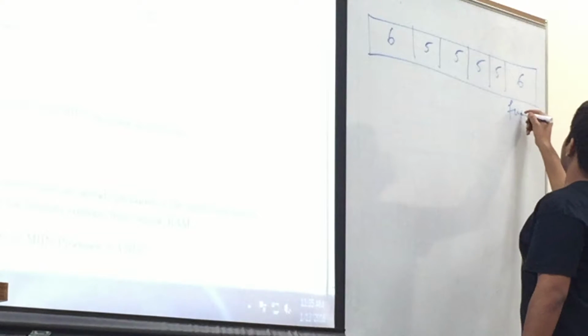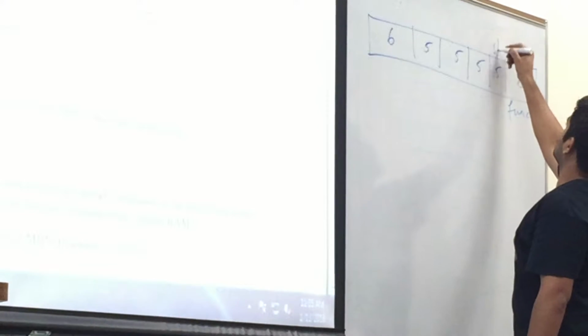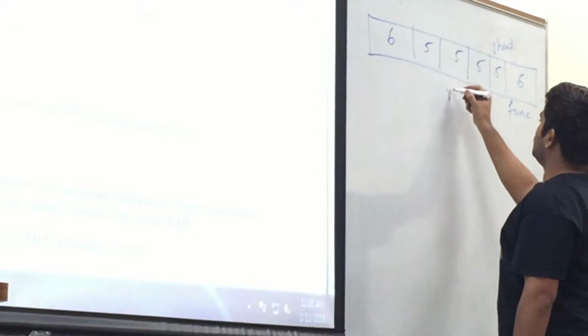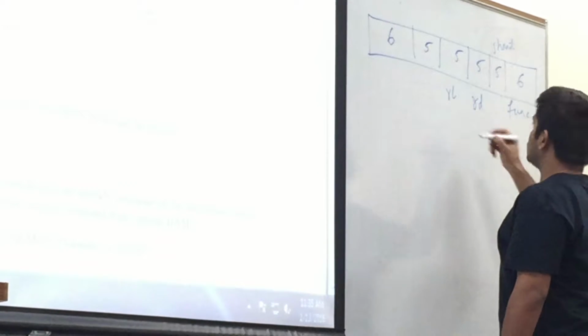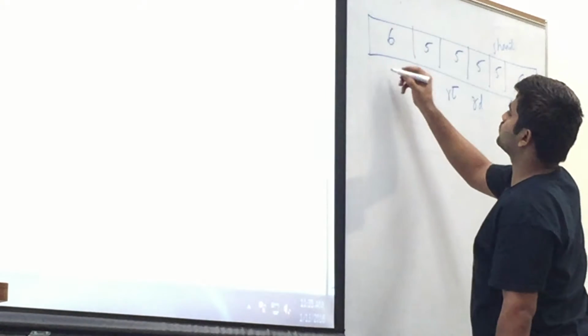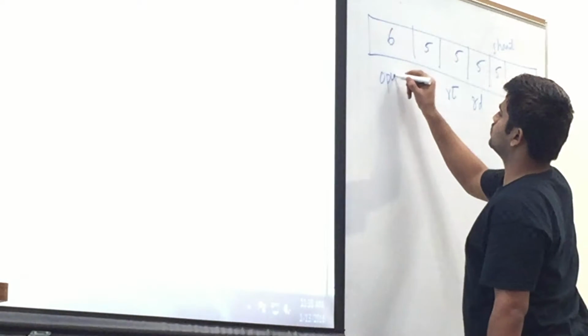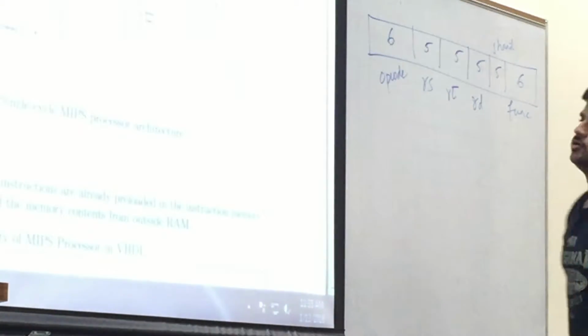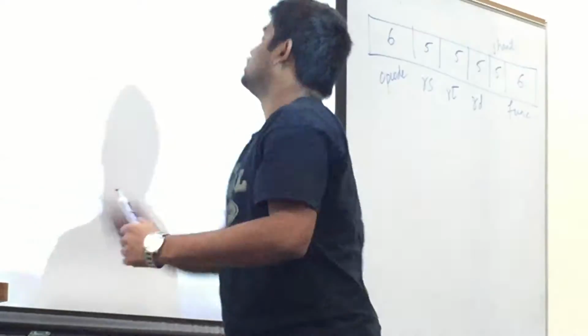So this is function, RD, RT, RS, and opcode. So this is a 32-bit address which will be stored inside instruction memory.